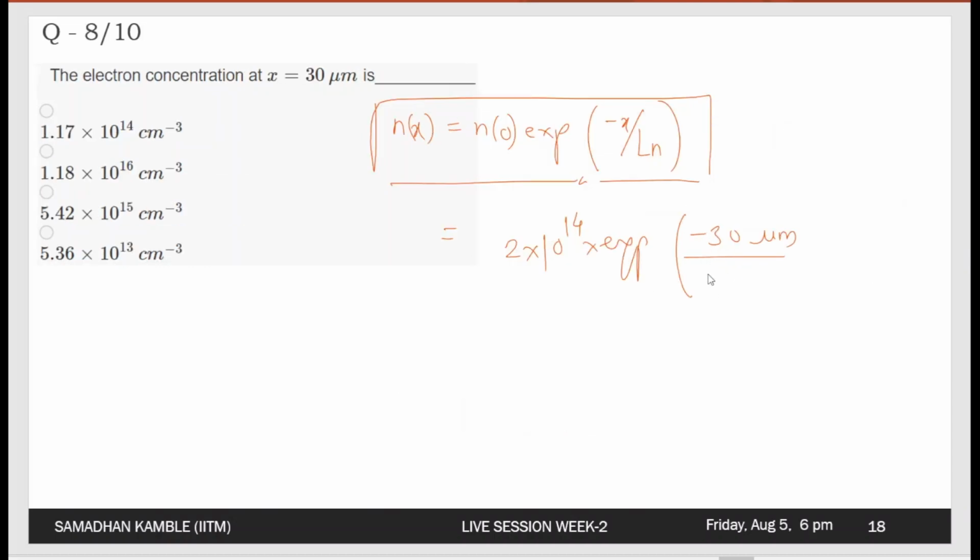So if you just substitute that value, you will finally get the value of our electron concentration at x equal to 30 micron, and it is given as 1.17 times 10 to the power 14 per centimeter cube.